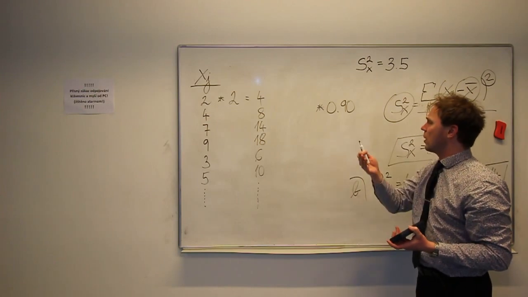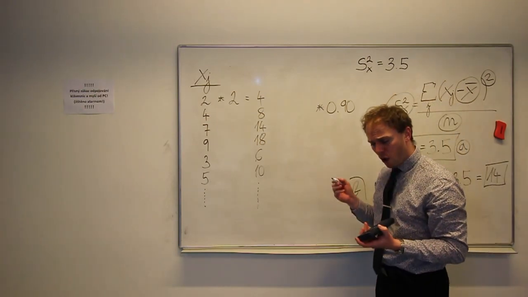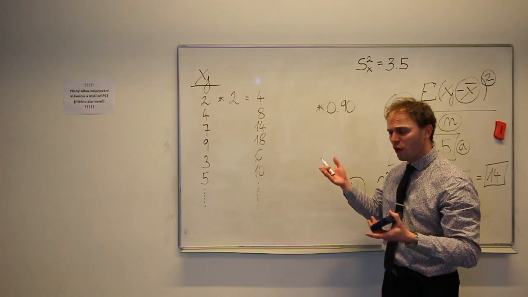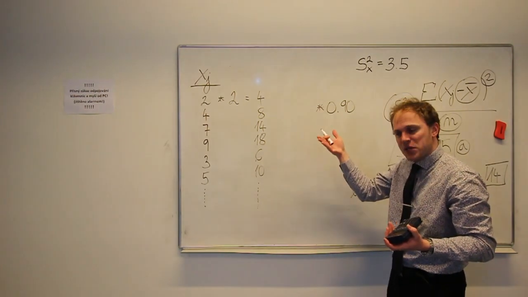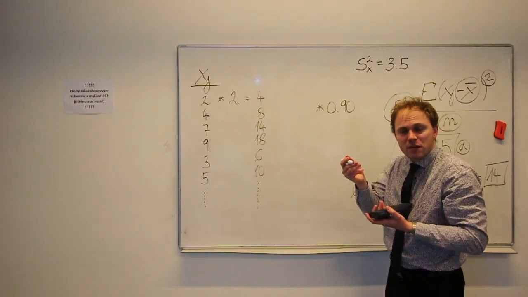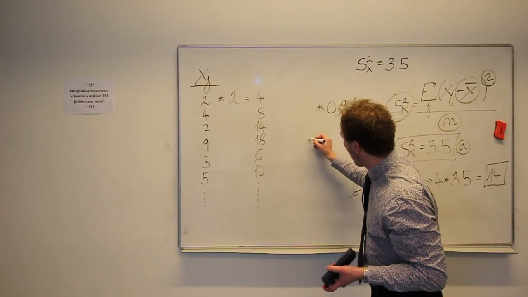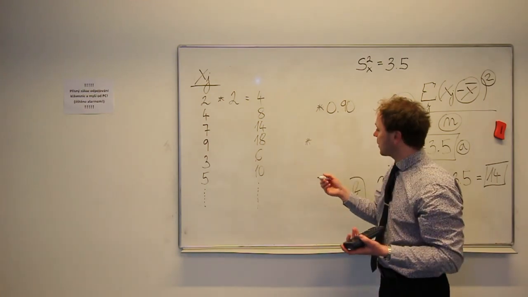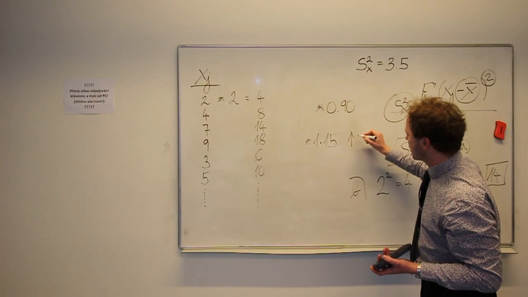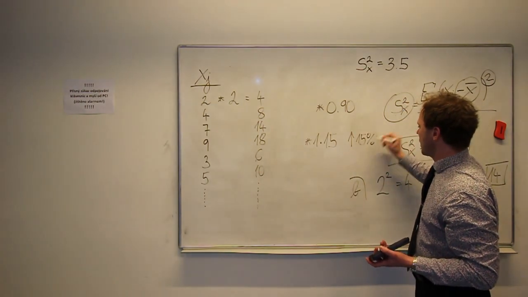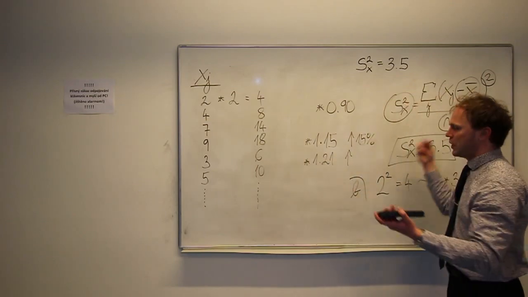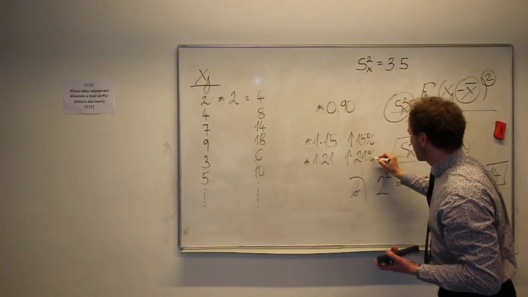You have, for example, prices in a store without taxes, and tax is, I don't know, 15%, 21%, etc. So if you want to know the price with taxes, you must multiply these prices in the store by 1.15 if you want to increase the price by 15%, or by 1.21 if you want to increase the price by 21%, etc.